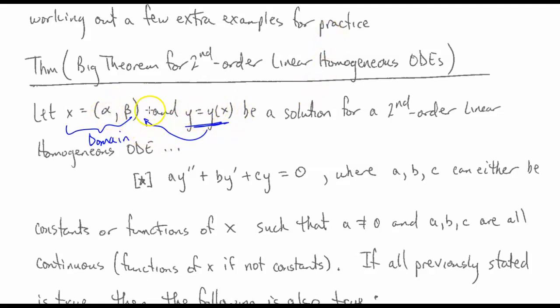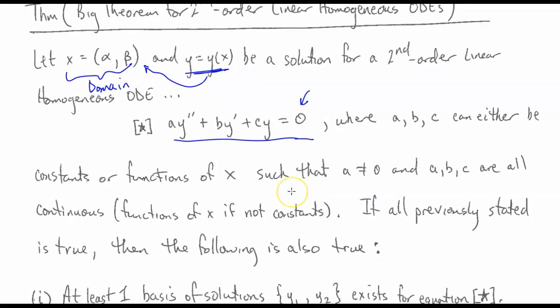So if we consider that situation to be a solution to a second order linear homogeneous ODE, this is what that would look like. And remember, again, it's homogeneous because it equals 0. And remember that our coefficients A, B, and C can either be constants or functions of X. In the subsequent videos, we're going to first talk about A, B, and C all being constants.